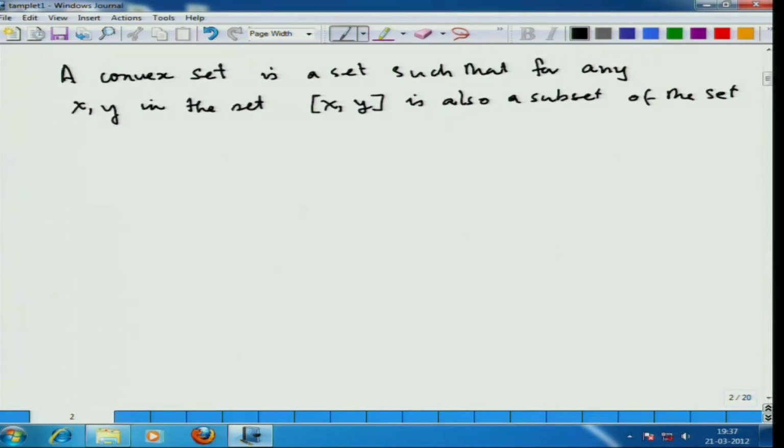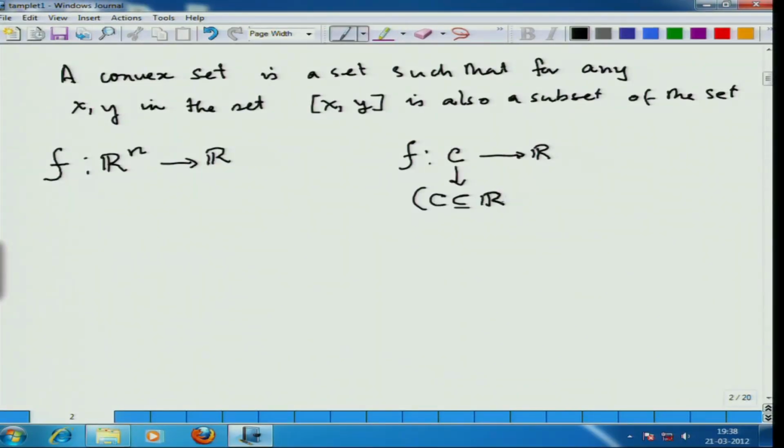Now, what is a convex function? A convex function can be defined from Rn to R, or it can be defined from a convex subset C to R, where C is a subset of Rn and is convex.